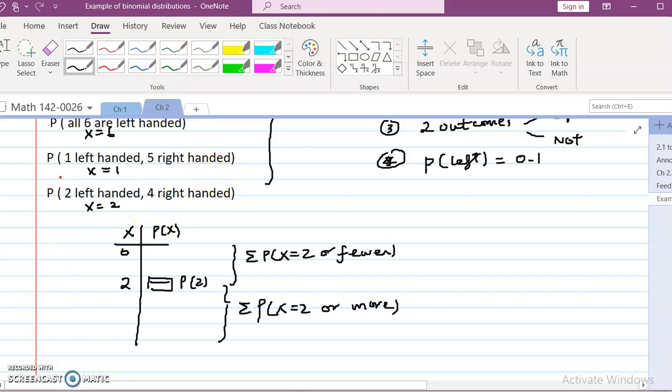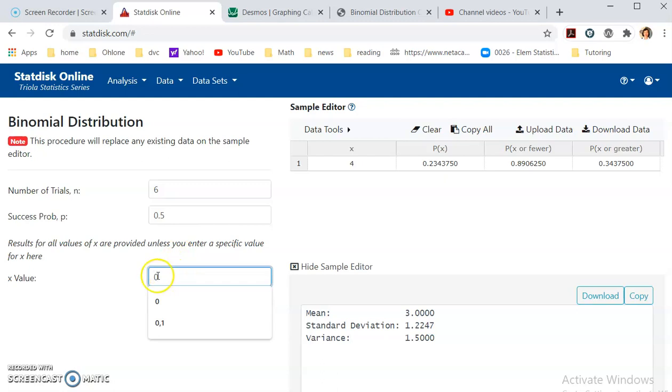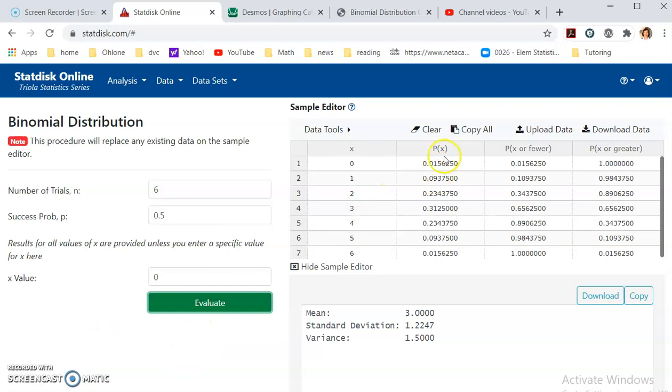If you want to know the probability of x equal to 3, you can do that also. You just change this to 3 and evaluate. The probability of having 3 heads is this number. What about 4 heads? And even the one that we know how to calculate by hand, no heads, all tails, I can evaluate, and that is actually here.